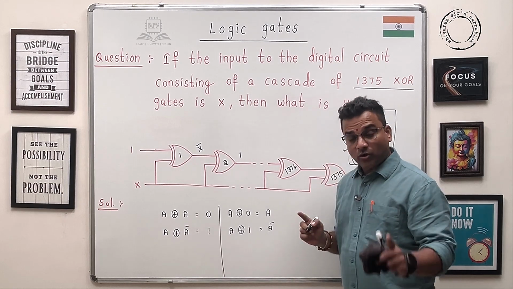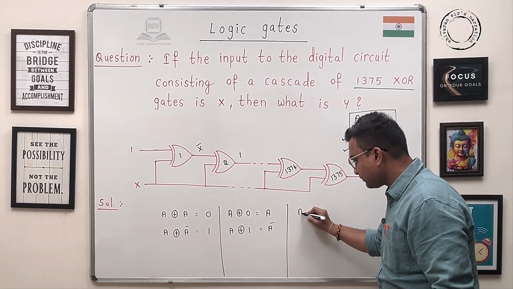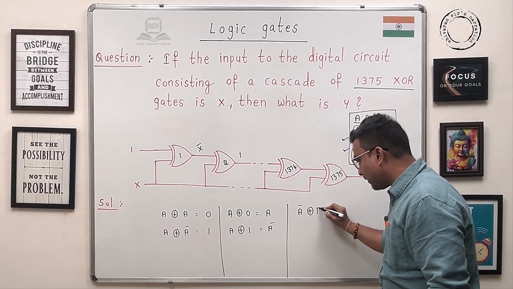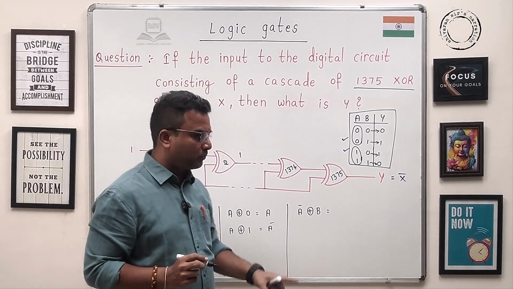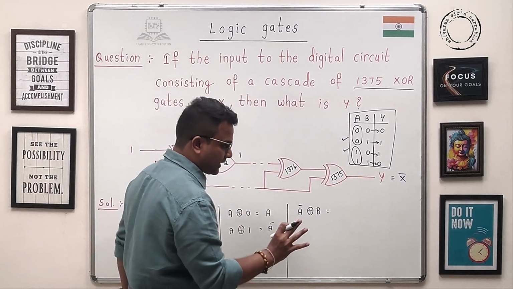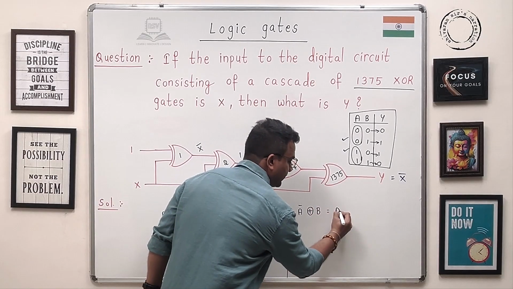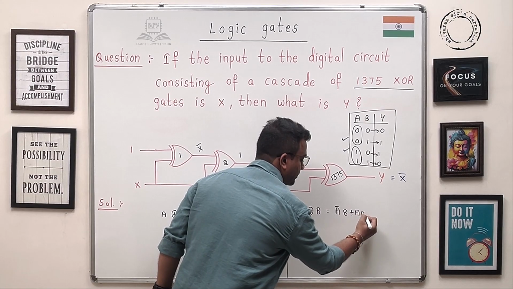Moreover, if you consider one of the inputs as a complement, A bar XOR B, then what will be the output? You write it down. For example, A XOR B will be like A bar B plus A B bar.